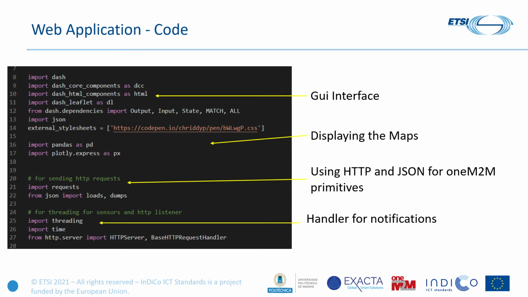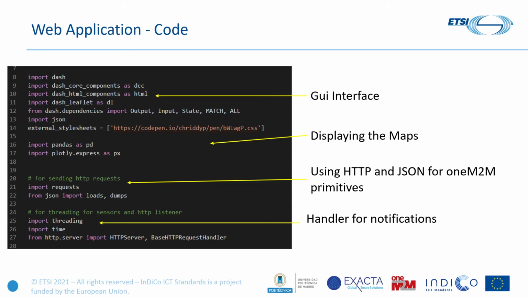Since my device is going to be sending primitives to the CSE, I'm using HTTP as the protocol and JSON for the serialization of the oneM2M primitives. So I have the request and JSON libraries also loaded.